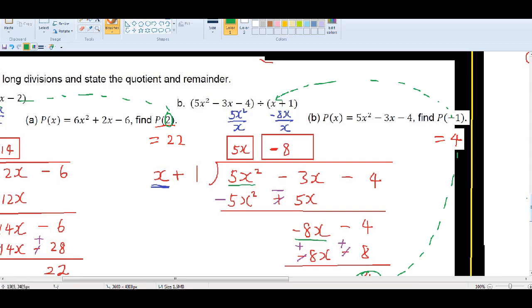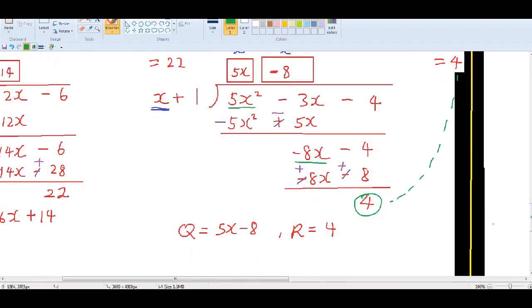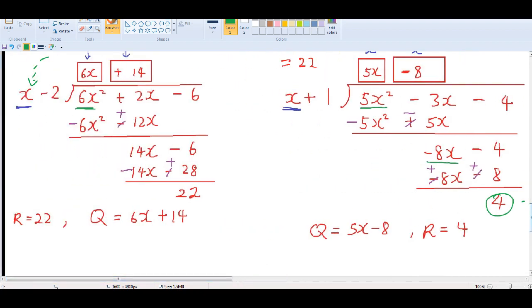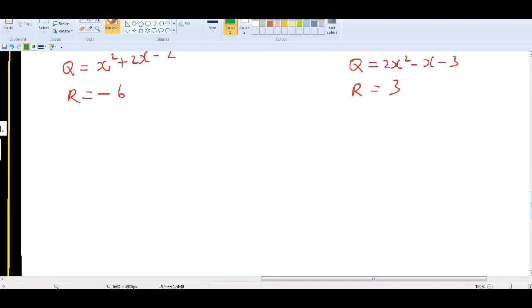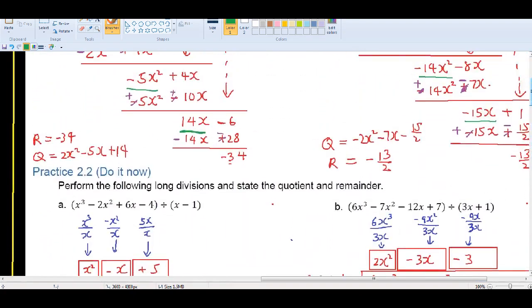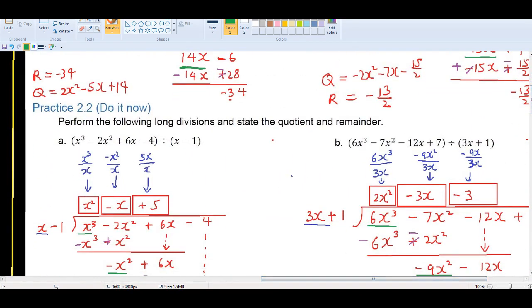So that's the second time we put a number which makes the divisor 0 into x, then you will have the remainder of that long division. Is that really a coincidence? Possibly not.